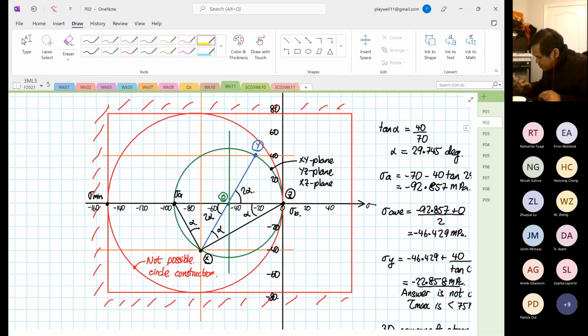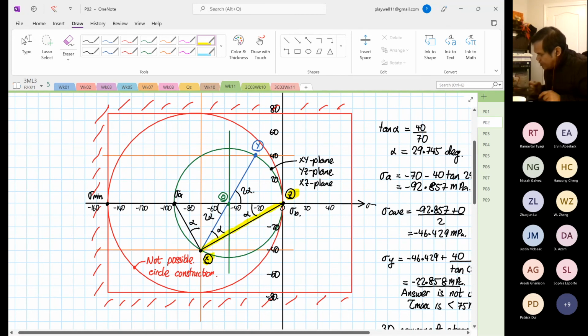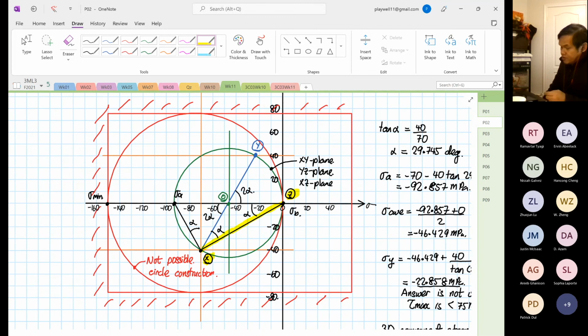The other one, this line, we also know these two points, but we construct it by touching XZ. You can still construct it, it's still a valid 3D Mohr circle, but it fails the maximum shearing stress.